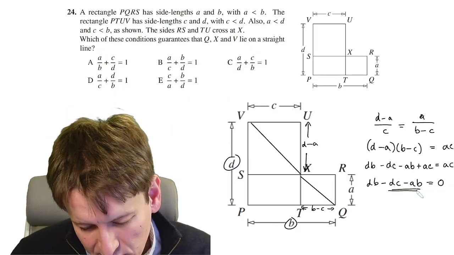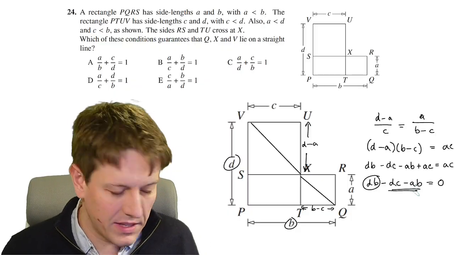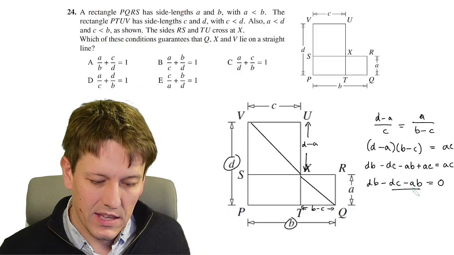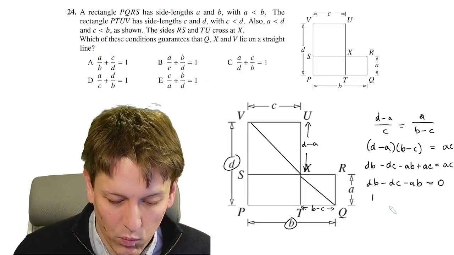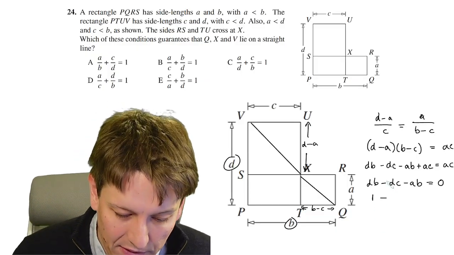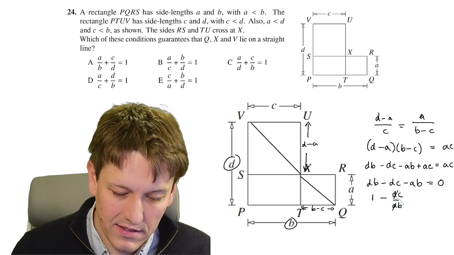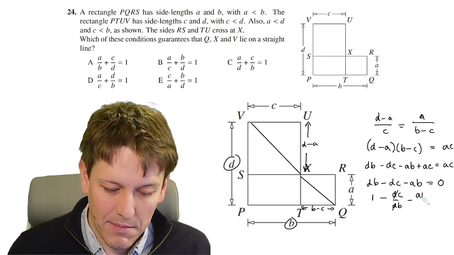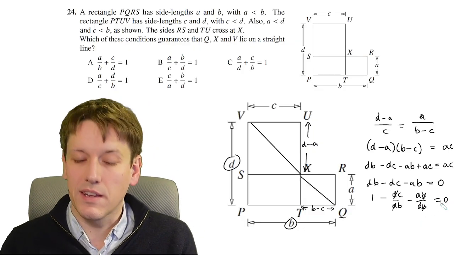Because these expressions have a, b, c and d in them, but db has something in common with the other two. So what I notice is if I divide everything through by db, this is then 1. If I divide dc by db, then the d's cancel. If I divide ab by db, then the b's cancel, and so I get something like that.